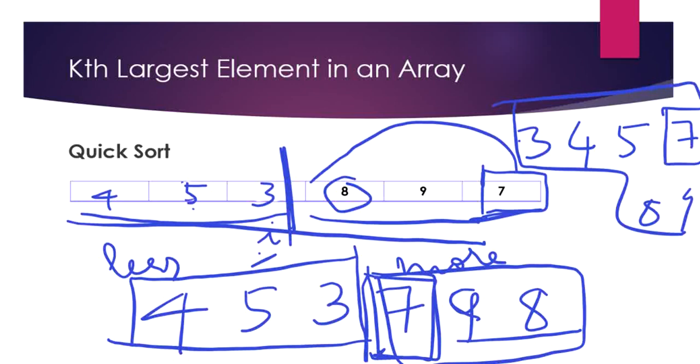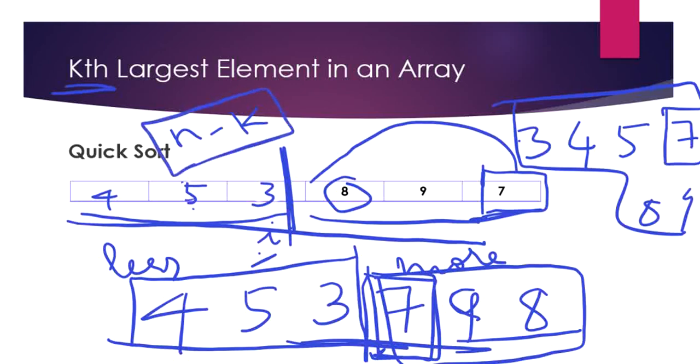In our example, once the first iteration is done, you can see this is the output of the array. So where does our kth largest element exist? We just calculated in our first example by n minus k, where n is the length of the array, k is the kth element, and at this index our kth largest element exists.